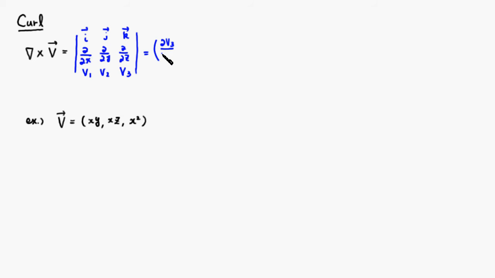with respect to y minus partial of v2 with respect to z. And the next one is a negative: partial of v3 with respect to x minus partial of v1 with respect to z.